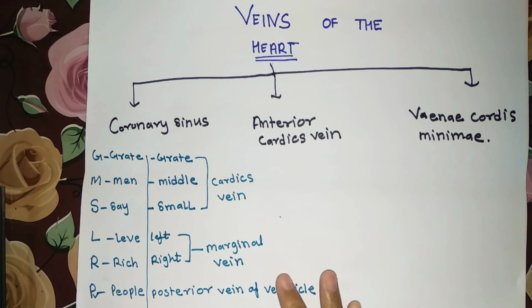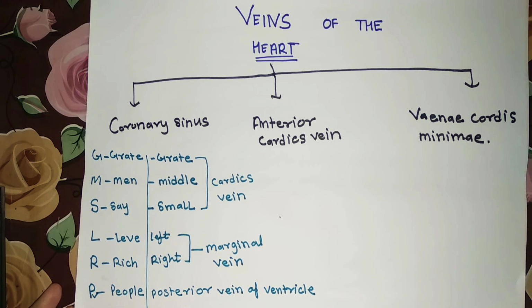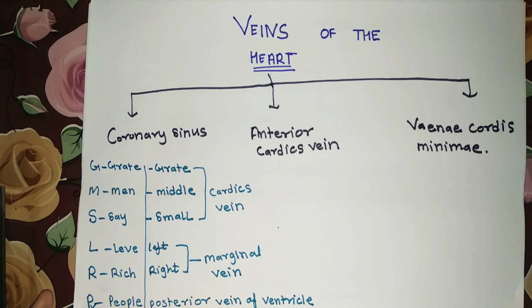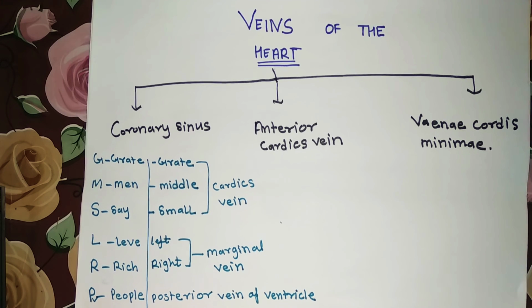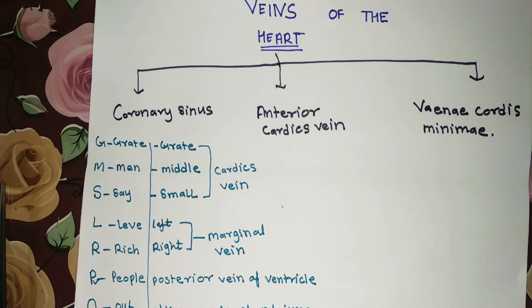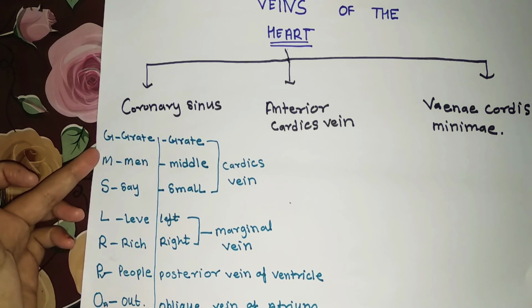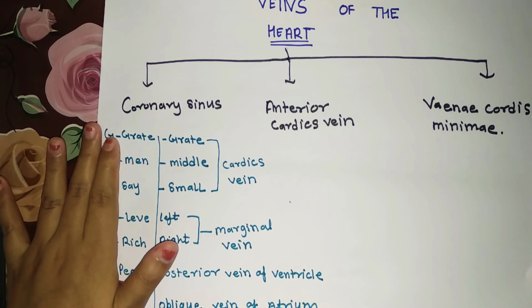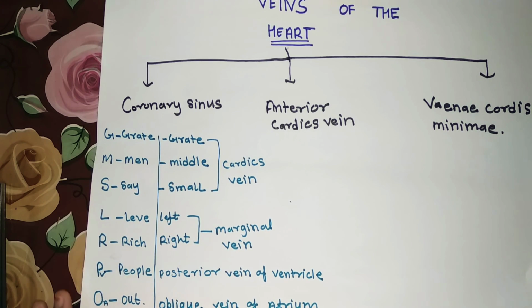There are three veins: the coronary sinus, the anterior cardiac vein, and the venae cordis minimae. The coronary sinus is the largest vein, and it has seven tributaries, which I have set in the mnemonic. If you know this mnemonic, you will automatically know them.